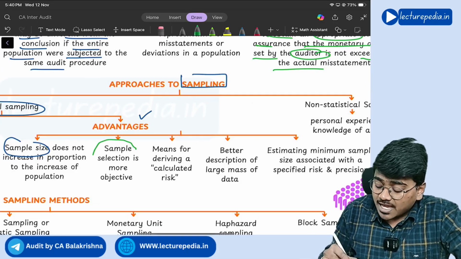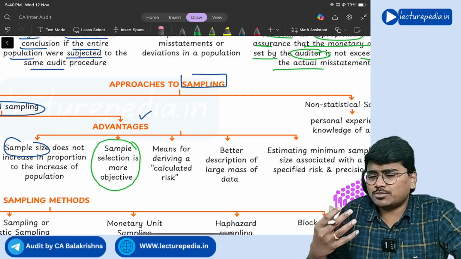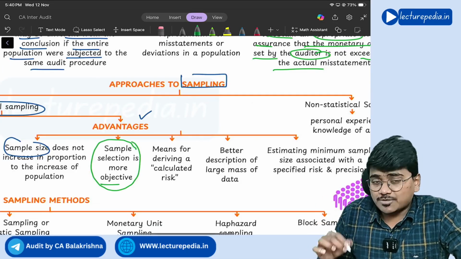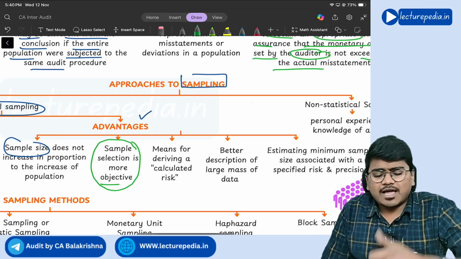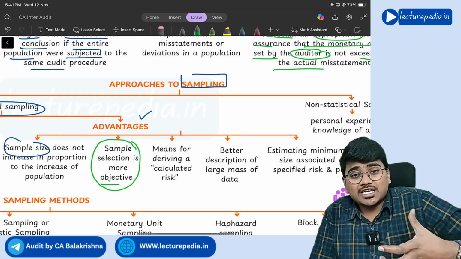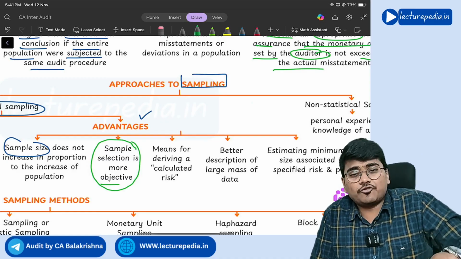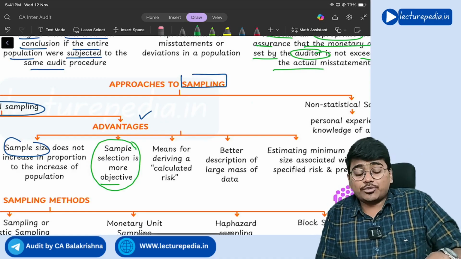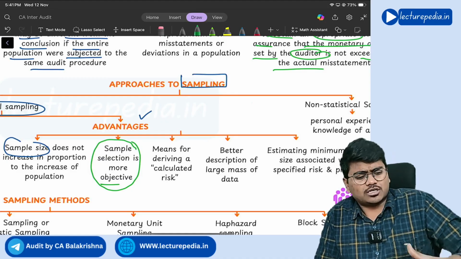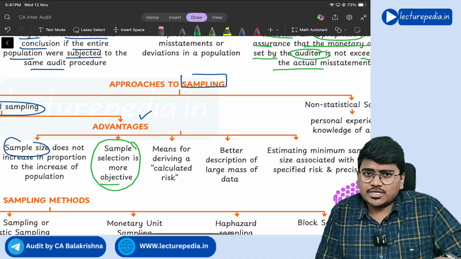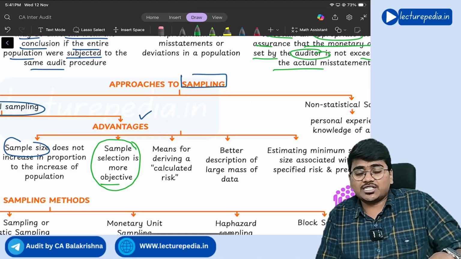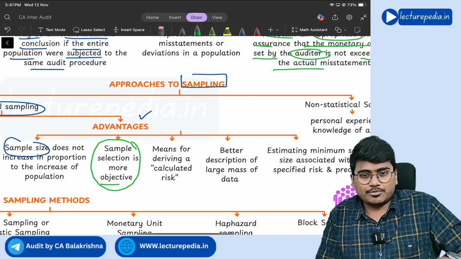Next, sample selection is more objective, meaning based on facts. So sample selection will not involve any bias. Based on the facts and the formula, you will select the sample. So almost zero bias will be there while selecting the sample in statistical sampling methods.